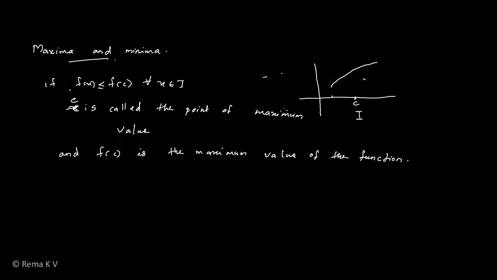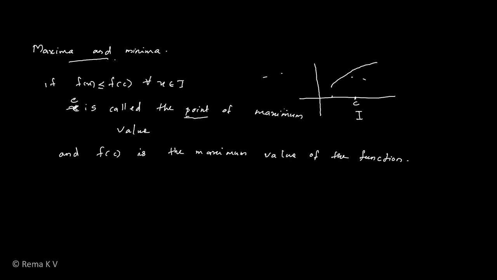See, f of x is less than f of c for all x belongs to I, then C is called the point of maximum value and f of c is the maximum value of the function. So let us consider this example here. A point C, you can take any point here.